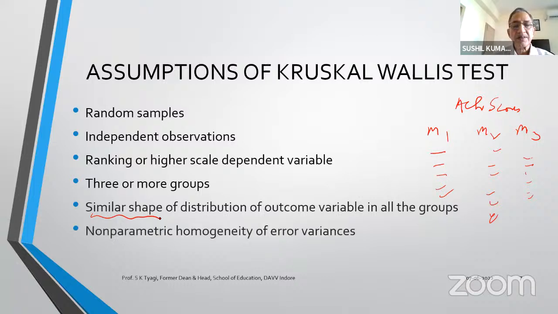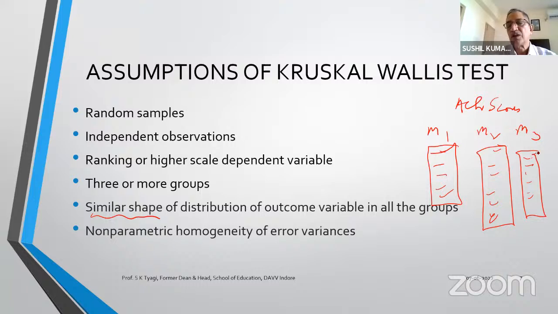And then we must have non-parametric homogeneity of error variances. What is homogeneity of variance? It means the individual differences within the scores must be almost similar. For example, one group's scores are 1, 2, 3, 4, 5 and the second group's scores are 10, 20, 30, 40, 50. These two do not have equal variance; the variance of the second group is 10 times the variance of the first.